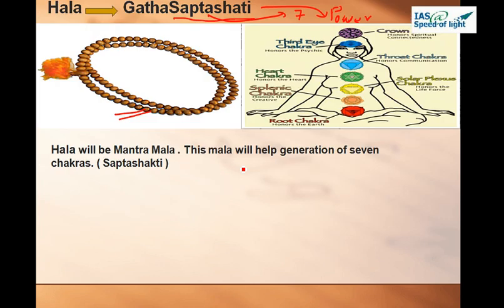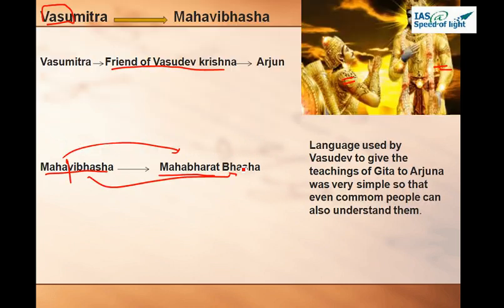Hala, Hala, Mala. What happens with mantra mala? Sapta Shakti, right? 7 powers, 7 chakra powers. So Gatha Saptashati, Hala, Mala. Vasu Mitra, friend of Vasudev Krishna, Arjun.